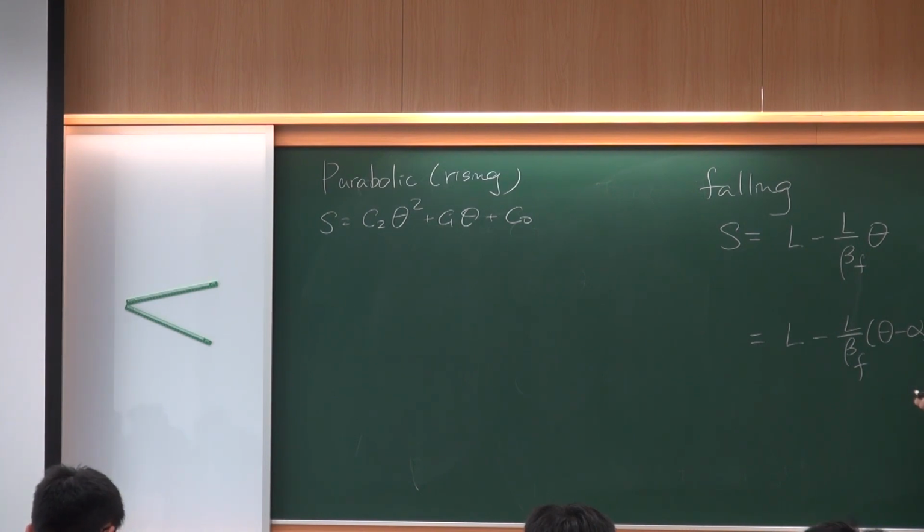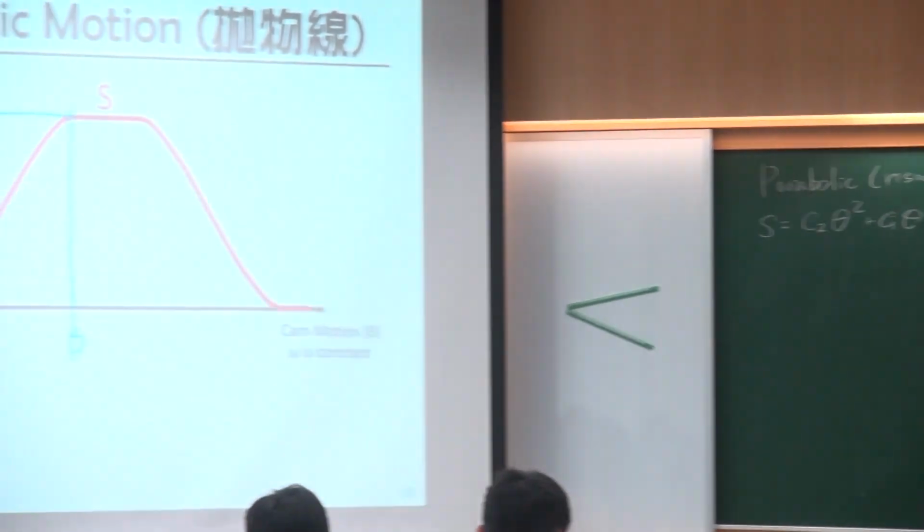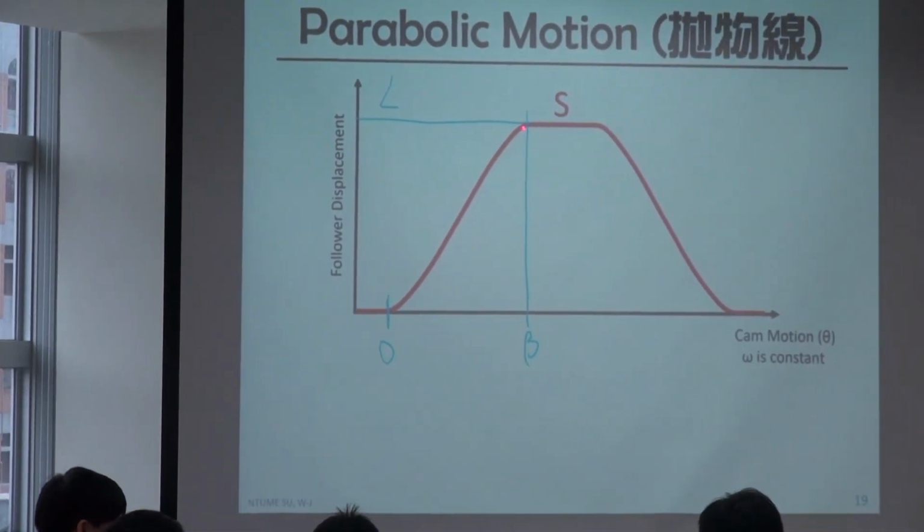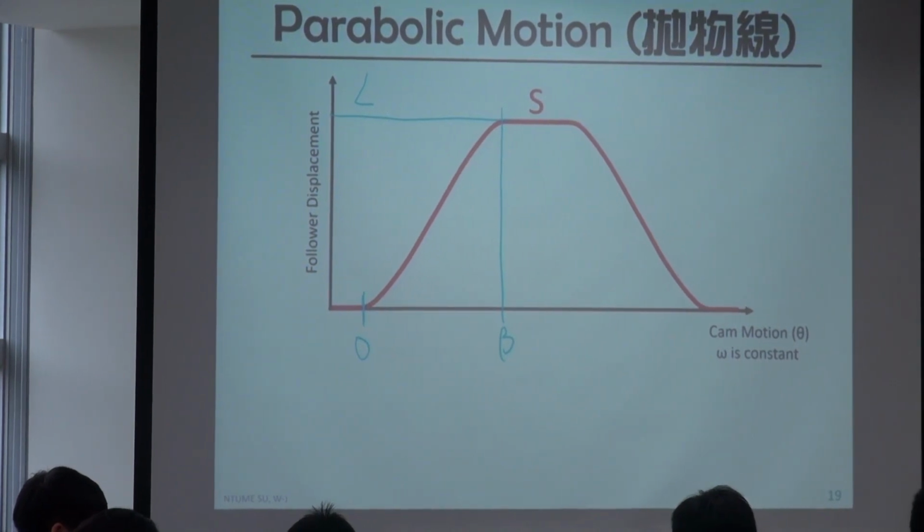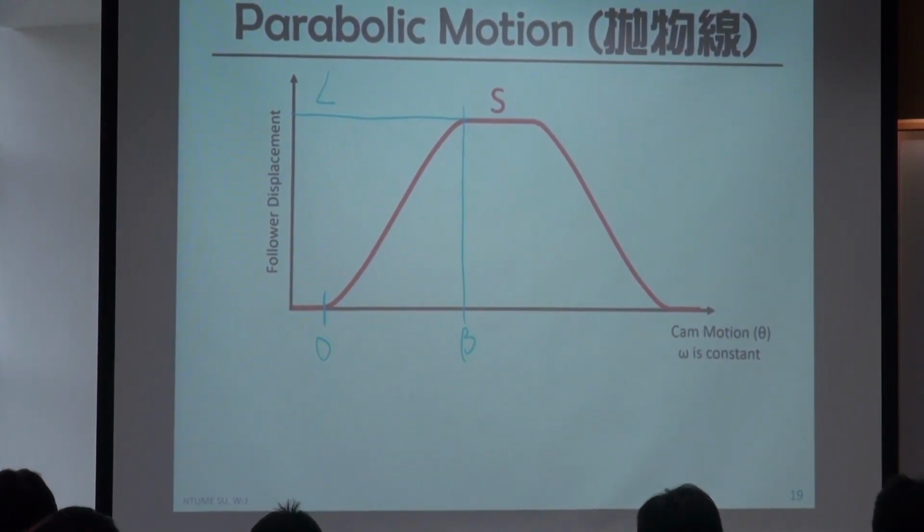These 2 points are like the boundary conditions. We need to satisfy these 2 first, so we'll use these 2 conditions to determine the values of C2, C1, and C0.